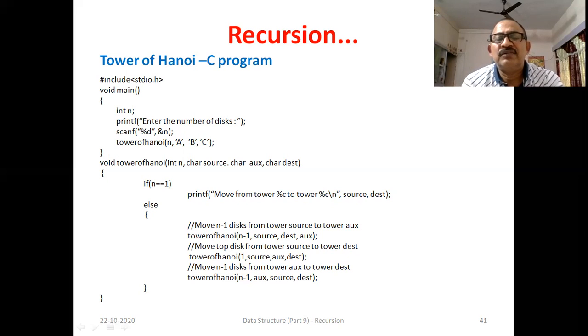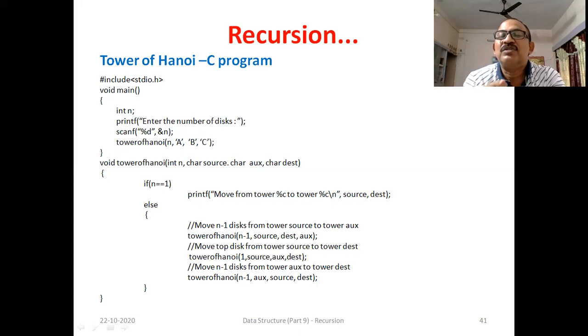Here you can see the sequence of the parameters is auxiliary, source, and destination. Here the source is the auxiliary. So the first parameter is the auxiliary, and next is the source. Is it clear?